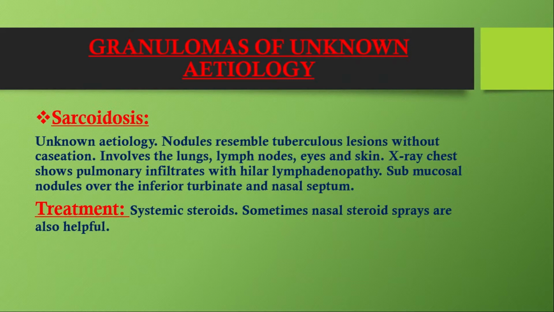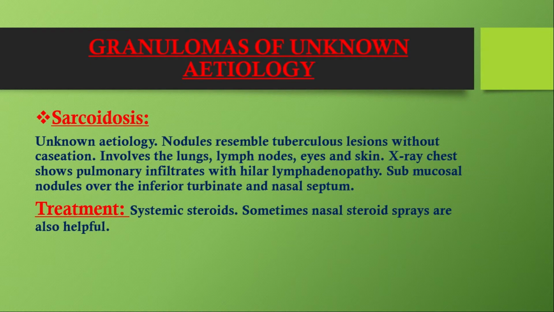Last but not least, sarcoidosis, a granuloma of unknown etiology. Nodules resemble tuberculous lesions without caseation. It involves the lungs, lymph nodes, eyes and skin.